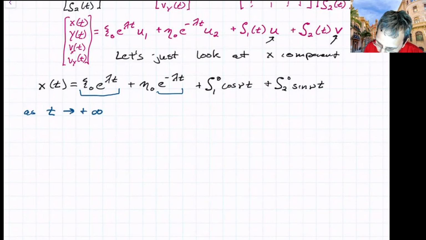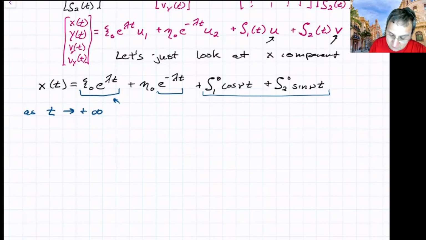It's going to become very small. These are just going to oscillate, but this one's going to grow. So we're going to be dominated by that term. I want to follow the way that the book writes things. And it says, instead of using C naught and eta naught, we introduce just a different notation. We call this alpha 1 and this alpha 2.